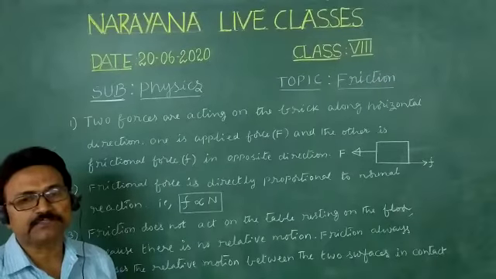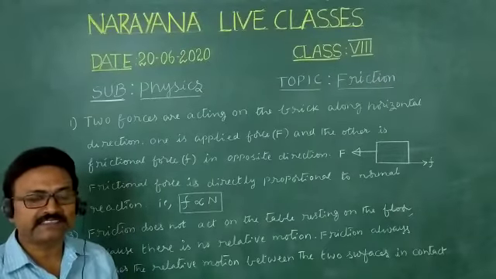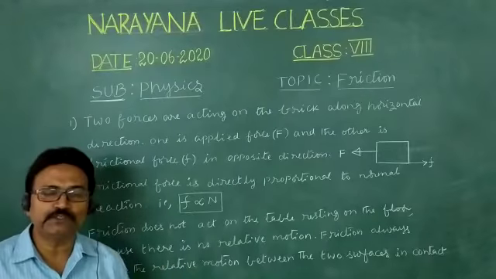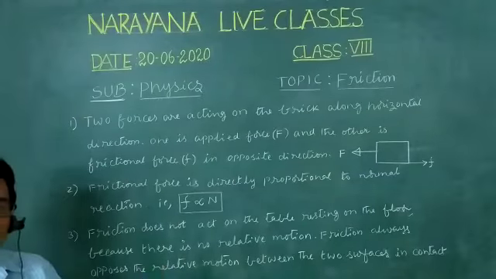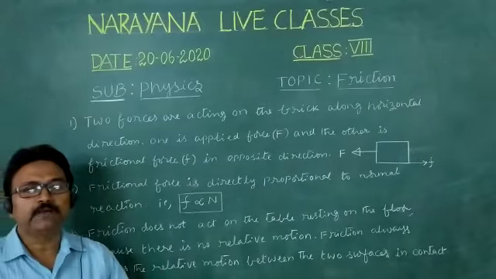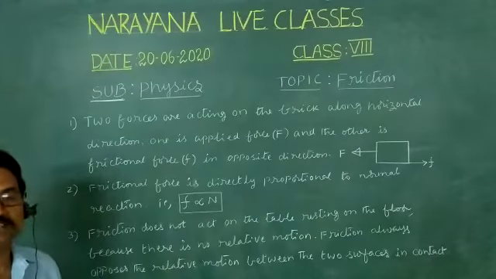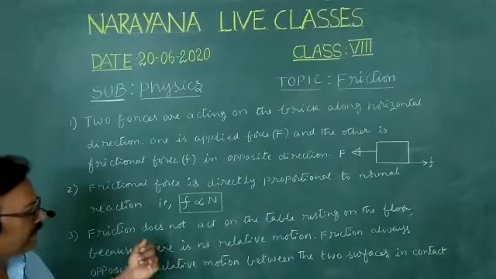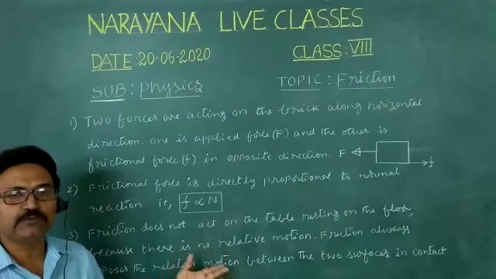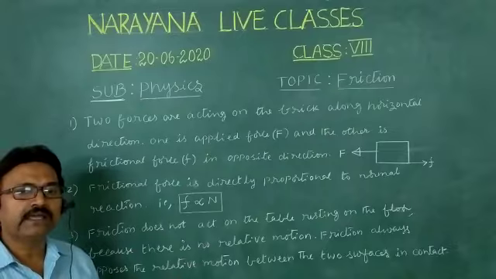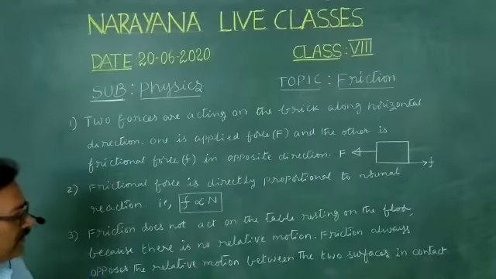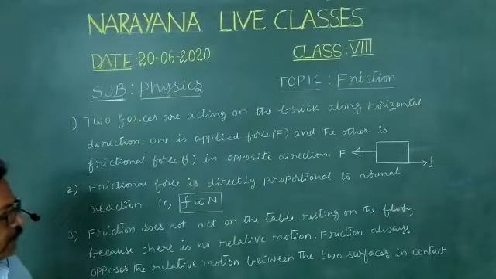Otherwise, no friction acts. Frictional force always opposes the motion of the body, so it opposes the relative motion of the surfaces. Here the table is just resting, it is not moving. That's why frictional force doesn't act on the table.